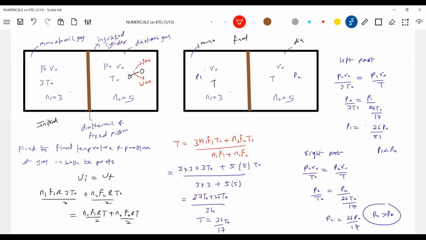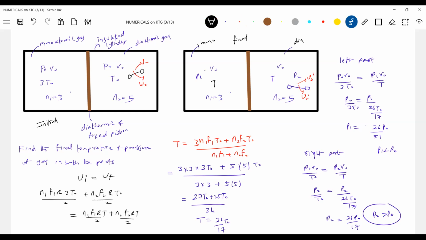Let me write omega 2 and V2. It will rotate with a different angular speed, omega 2 dash, and move with V2 dash.